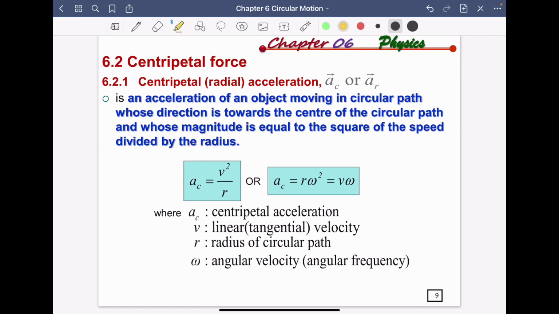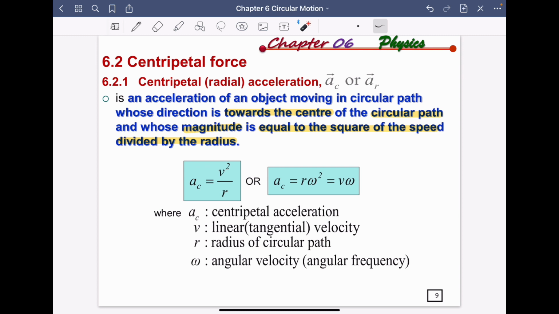Keyword dia di sini adalah toward the center of the circular path and magnitude is equal to the square of the speed divided by the radius. Itu adalah 2 point of the centripetal acceleration. It's always toward the center and AC is equal to V square over R. This is the equation of centripetal acceleration.